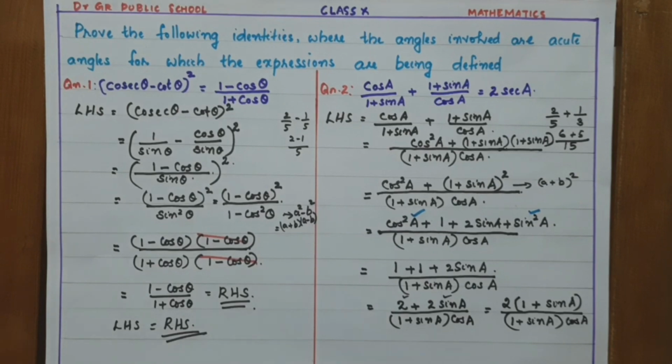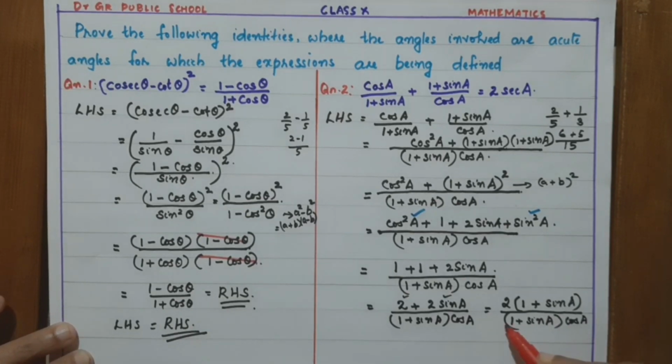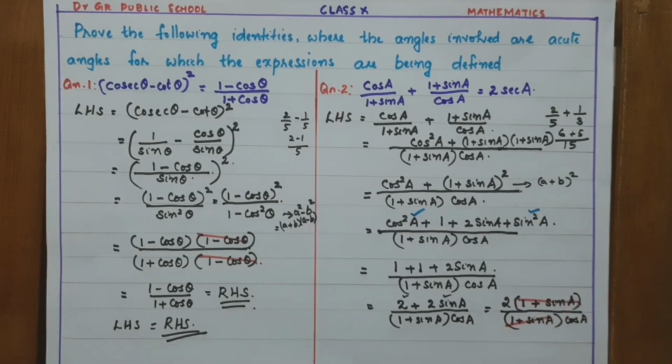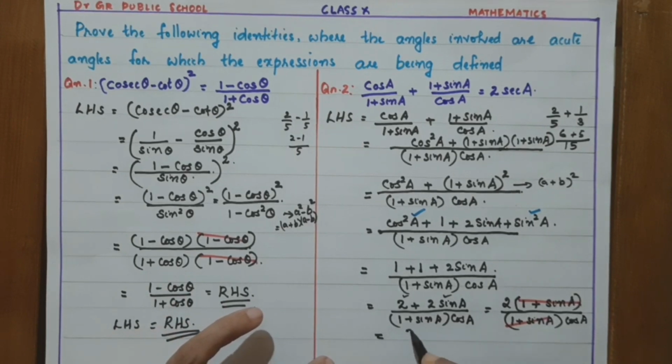See, in the numerator we have 1 plus sin A, and the denominator also has 1 plus sin A. So we can cancel these two. What is remaining? Numerator we have 2, denominator cos A. So it can be written as 2 by cos A.